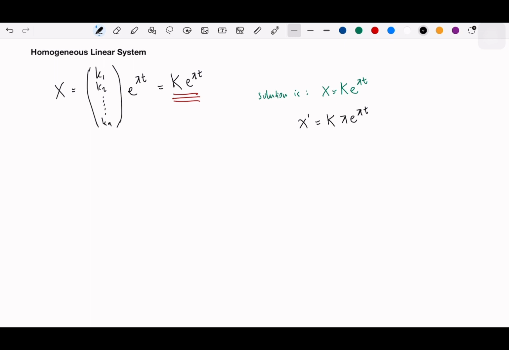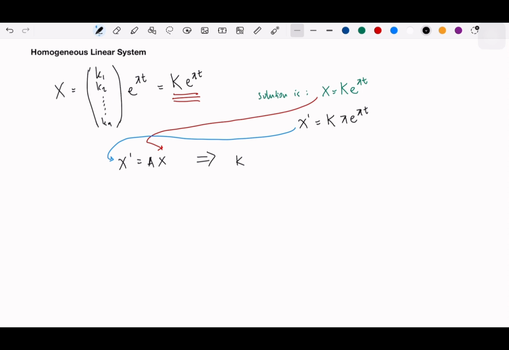And then we can also substitute that into this equation. So we are going to substitute this to that, and this to here. So we have k lambda e^(lambda t) equal A k e^(lambda t).